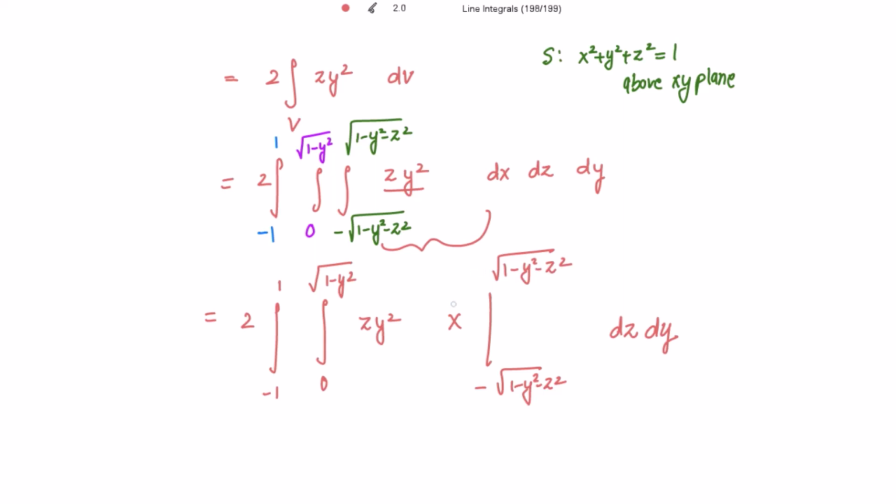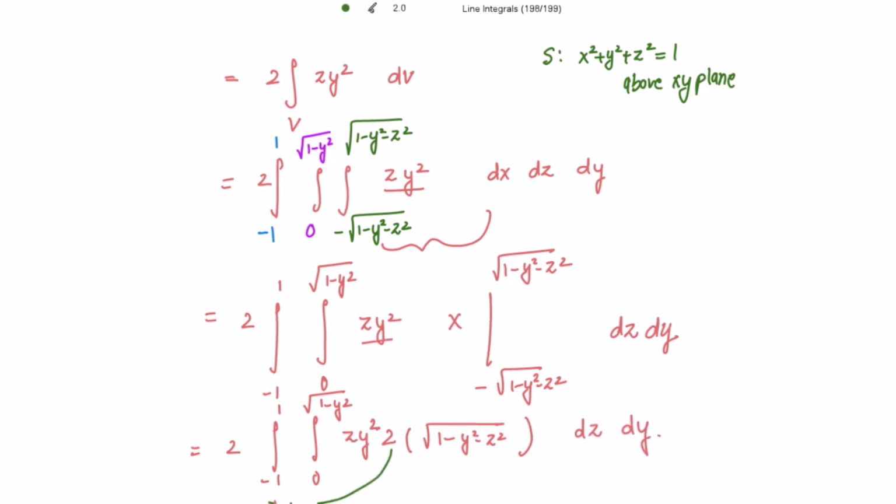On putting the upper limit and the lower limit, we get twice the square root of 1 minus y square minus z square. So this is twice square root of 1 minus y square minus z square dz dy. And I'm going to take this 2 outside and we get 4.